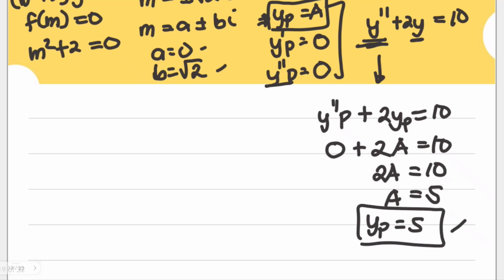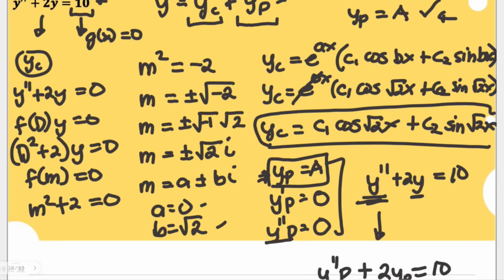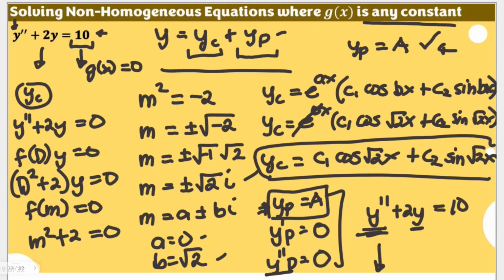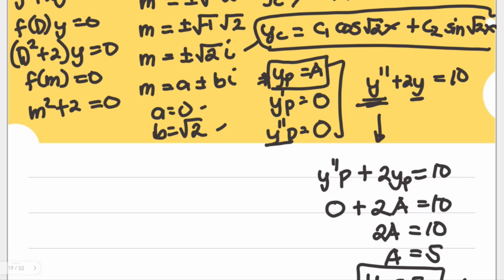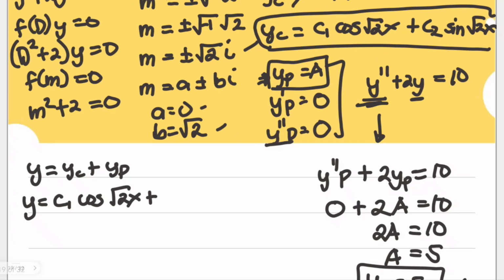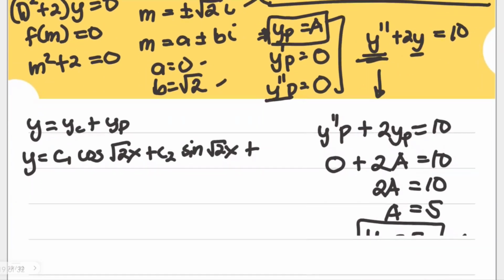Now that we have y sub p, we already had y sub c here. Using the general solution of the equation, we can now structure this solution. y is equal to y sub c plus y sub p. So y is equal to c sub 1 cosine of square root of 2x plus c sub 2 sine of square root of 2x plus your y sub p, which is 5.